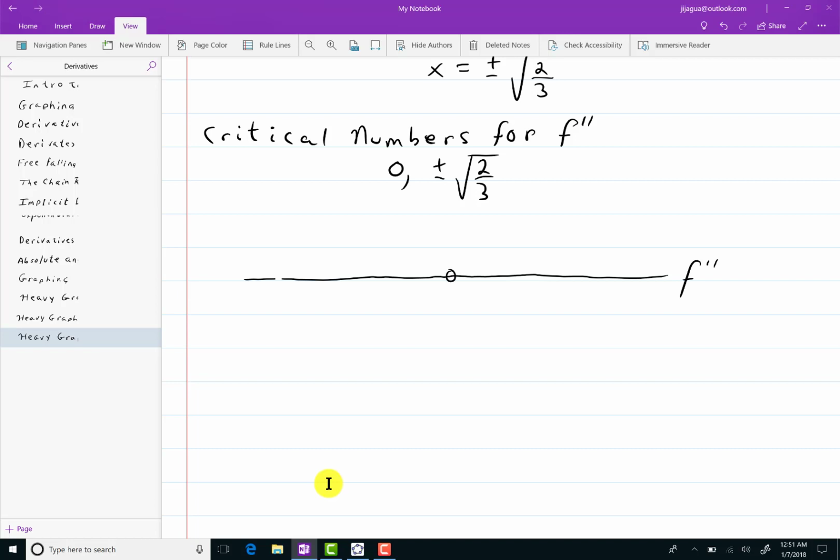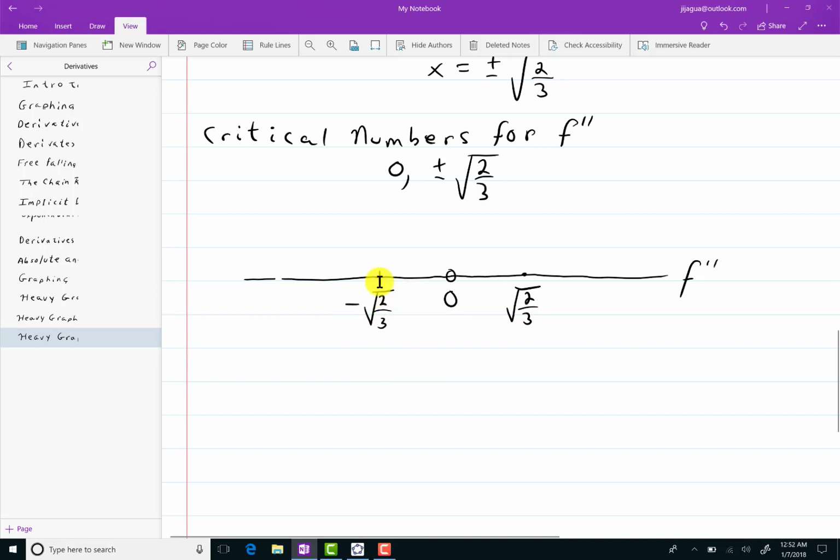And once again, I'll put that little circle above the 0 indicating that that's not in the domain. The derivatives aren't defined there. I've got a spot for negative square root of 2/3 to the left and a spot for positive square root of 2/3 to the right of 0. Now, I don't know what exactly these numbers are equal to. This is like 0.67.